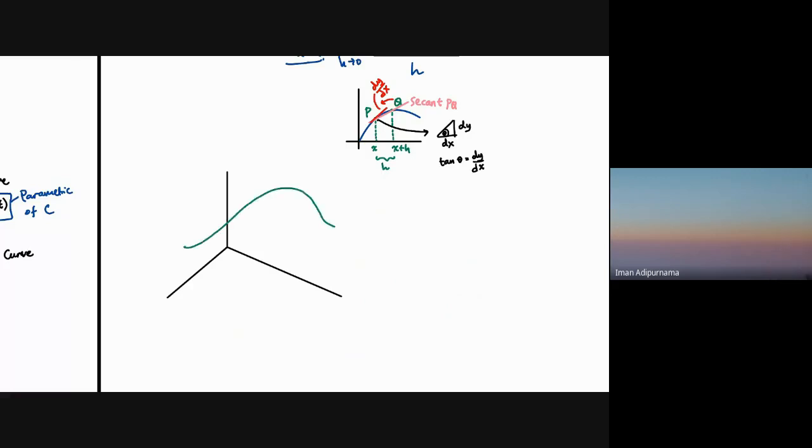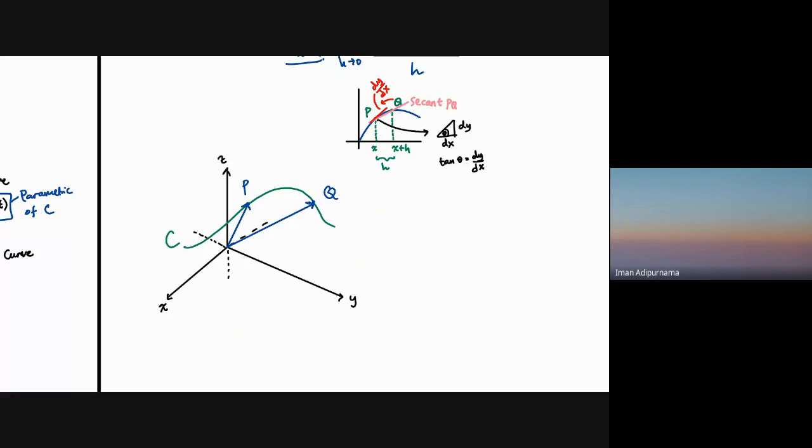Let's say we have the curve C. The same thing we did in calculus 1, we try to make 2 points on this curve, let's say P and Q. And this will be the position vector at P, and this will be the position vector at Q.